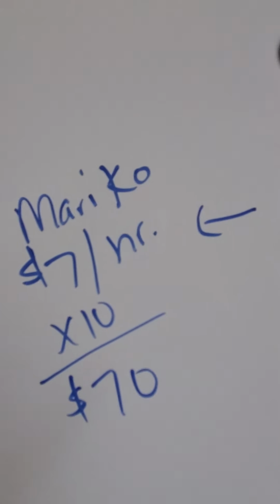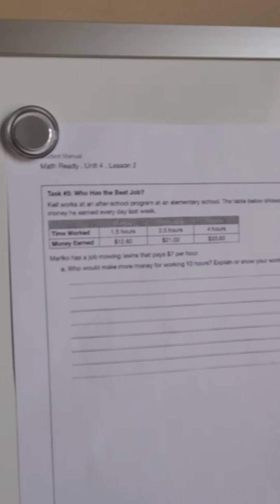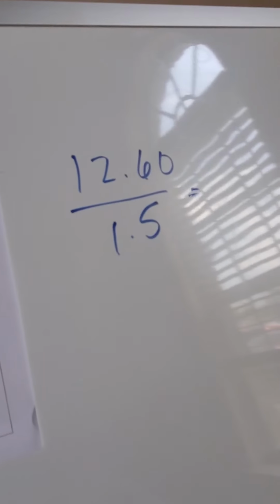Pretty simple, right? Now, when we're thinking about Kale, I notice that at 1.5 hours, he got $12.60. So I can take $12.60 and divide by 1.5 to figure out how much he gets an hour. Does that make sense?